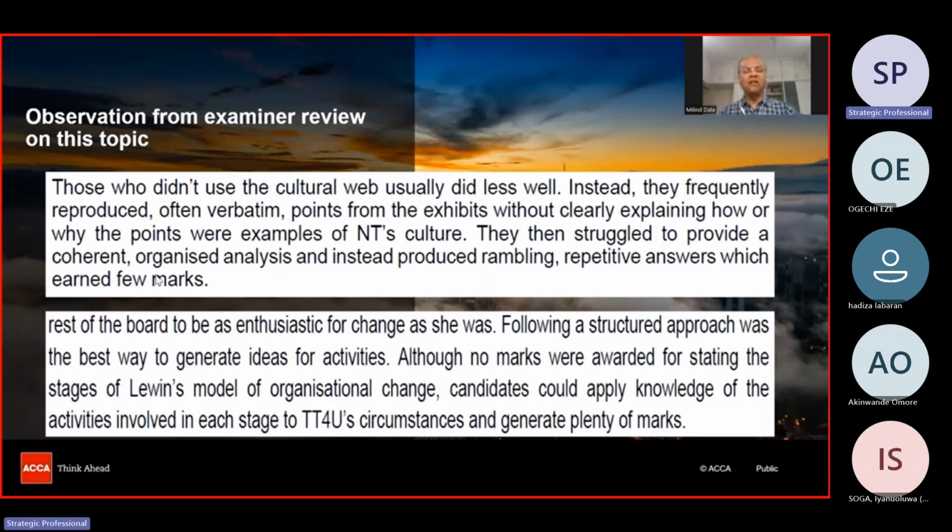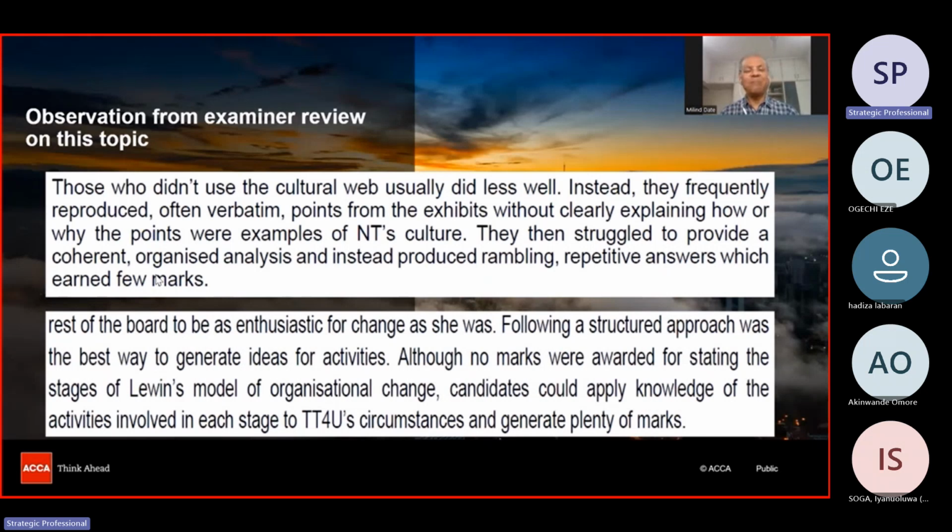Another comment said a structured approach was the best way to generate ideas. No marks were awarded for stating the stages of Lewin's model, like unfreeze, change, and refreeze. Students just went on explaining what is unfreezing, what is changing, what is refreezing. But that's a theoretical answer.